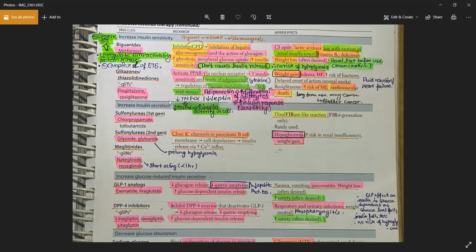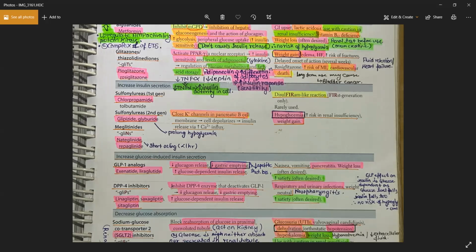That is a mechanism by which it can also cause lactic acidosis in renal insufficiency. Basically it inhibits oxidative phosphorylation, and the cell turns anaerobic. It generally happens whenever renal insufficiency is present. Exactly. Don't forget that.